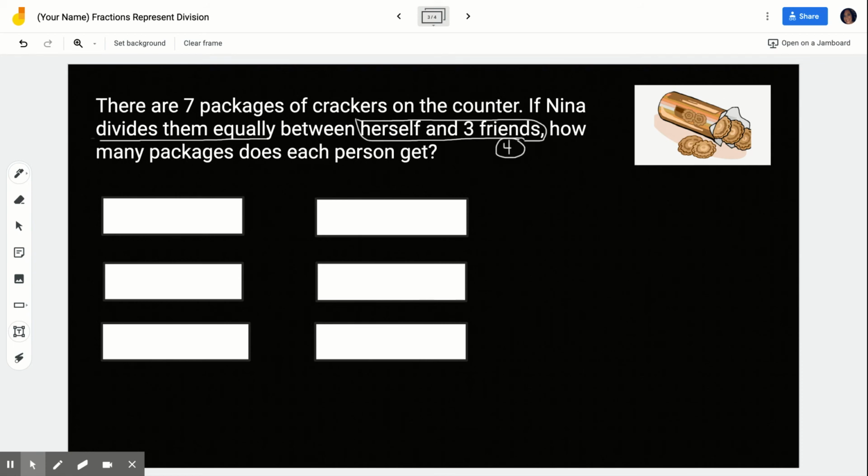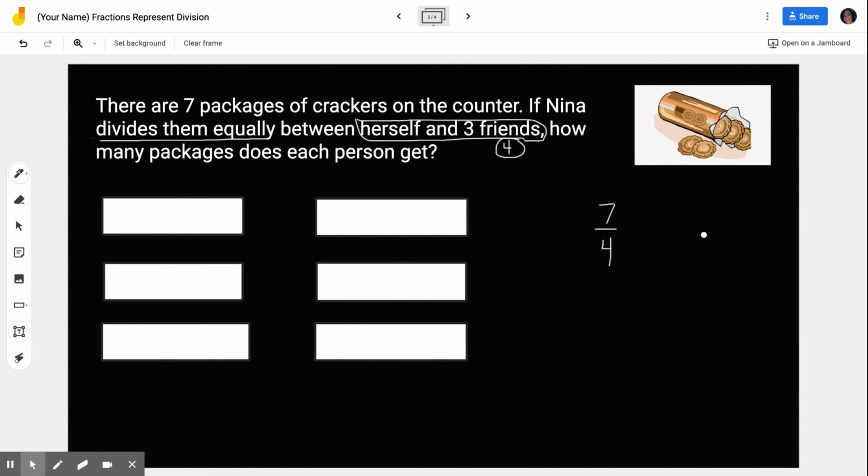All right, so this is where it gets a little tricky. Everybody looks at this and they're not really sure how to set up a division problem. Now we need to remember how many we have or what is being divided. What is being divided is going to go on top. How many we're dividing it or sharing it among would go on the bottom.